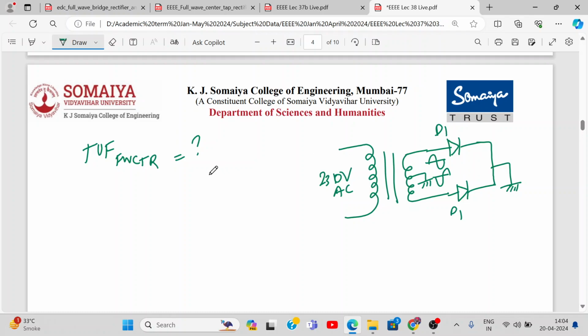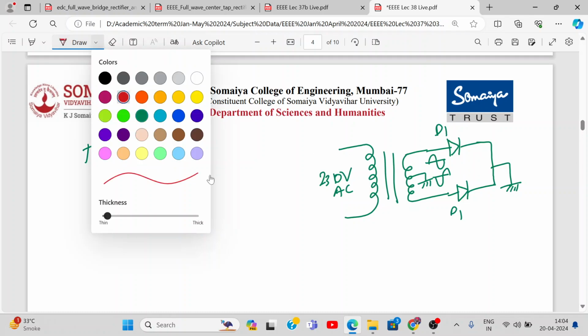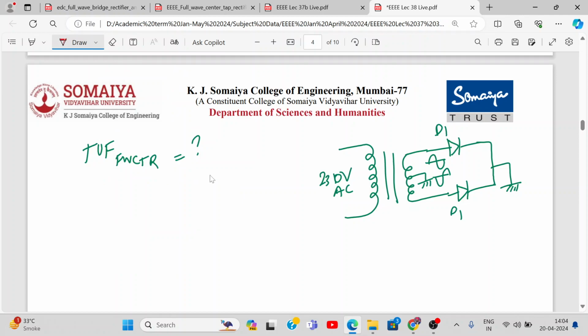Come on, tell me. What is the RMS value of the sinusoidal secondary voltage here? It's Vm by root 2. And the current supplied by the secondary winding, it's a pulsating sine wave only.